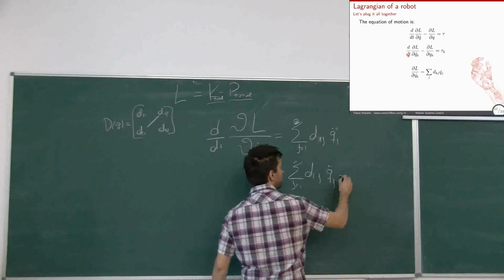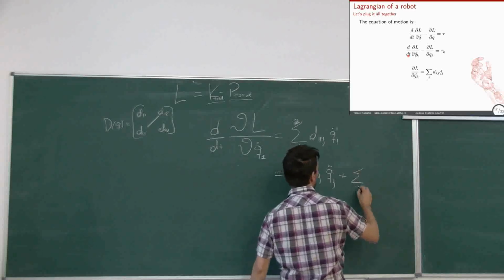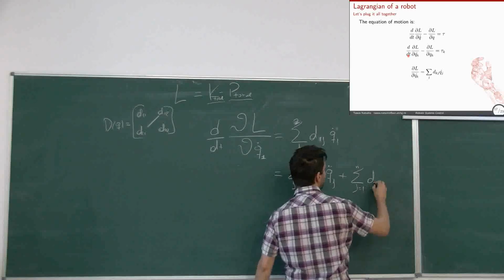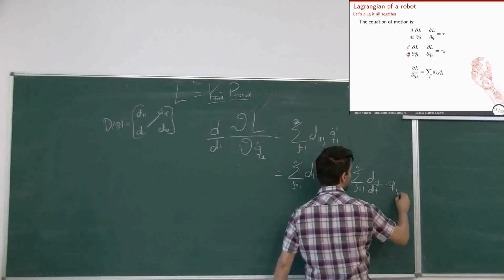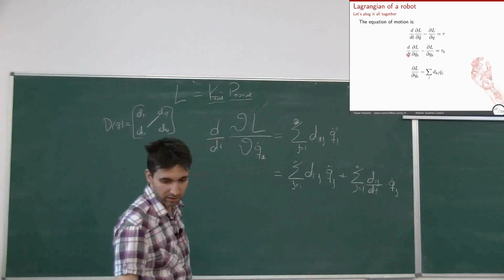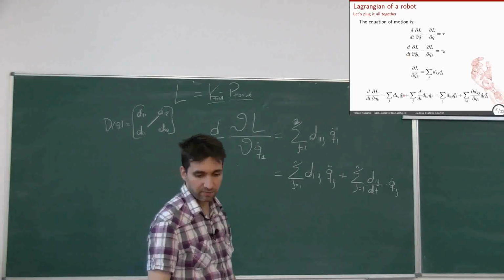So I derive this part plus the derivative of this part, the sum for j equals 1 until n of the derivative of d_1j with time times q_j dot, which is what we have here. Okay, so I derive in parts.